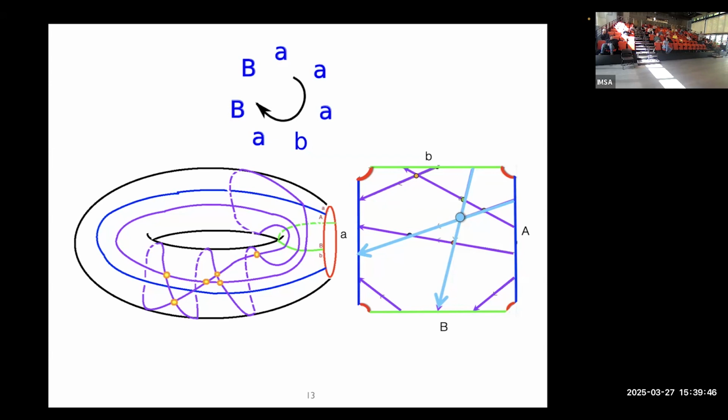Now, why do I have the vertical segment from B to B? Well, because my word contains the sequence capital B, capital B. Every time the word, no matter how long or short it is, contains B and B next to each other, you will have a segment going from top to bottom.